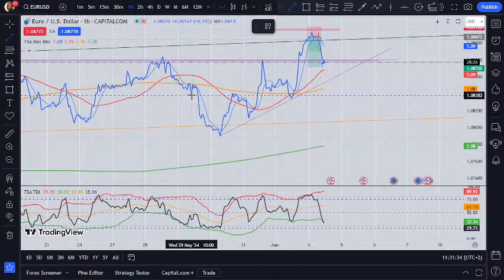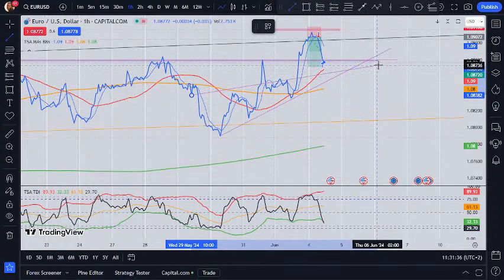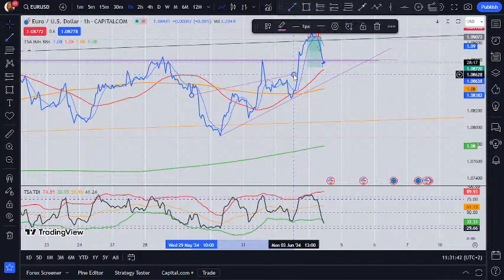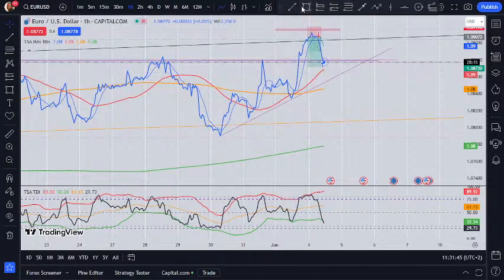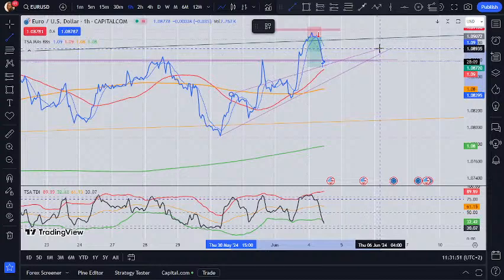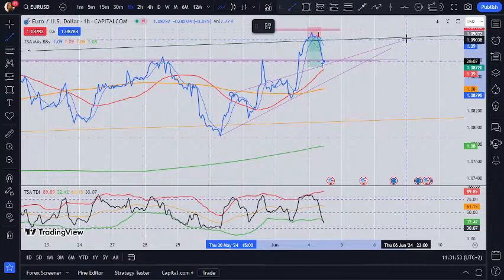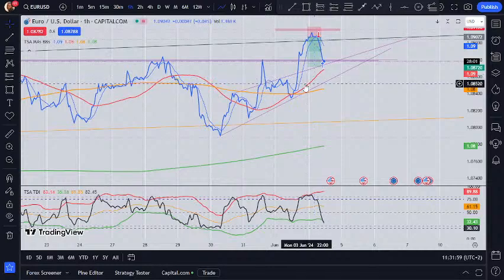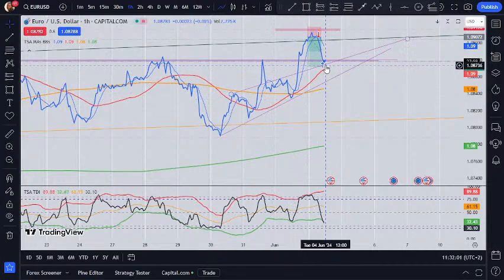So if I'm using this point, not really. What about if I use this point? I guess that point, so we have that point. And you see this is the 50 moving average.